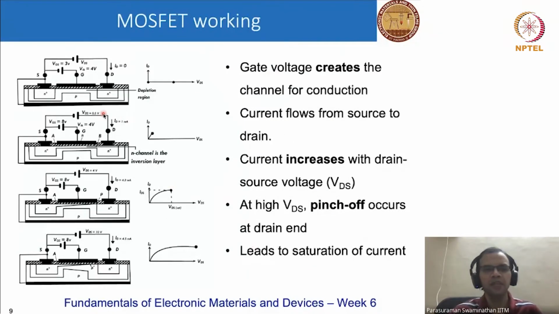So once again, we can look at how the MOSFET works. When there is no voltage applied to the gate, there is no channel, which means current cannot flow from source to drain. There is essentially no current.